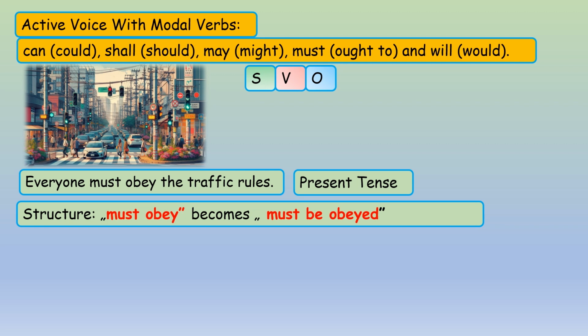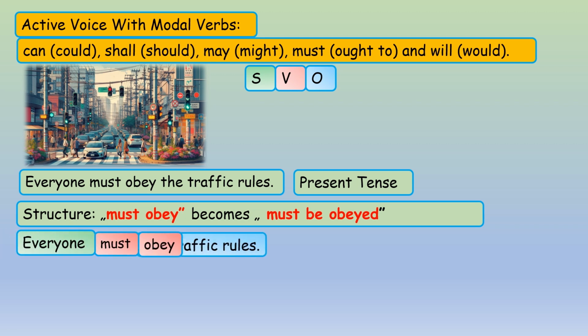The structure is must obey becomes must be obeyed in the passive voice. Everyone must obey the traffic rules. So my verb is must obey. My subject is everyone. My object is the traffic rules. And that is active voice.